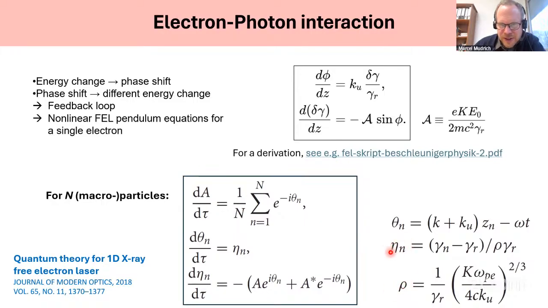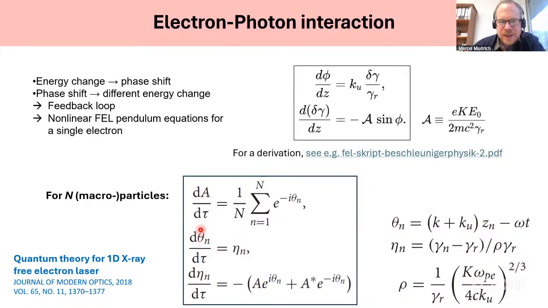So this is essentially the energy eta, and theta is the phase shift of the electron oscillation with respect to the fixed point where the electrons would not experience any force.